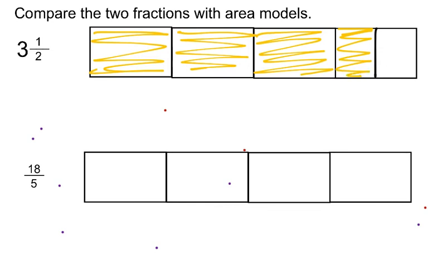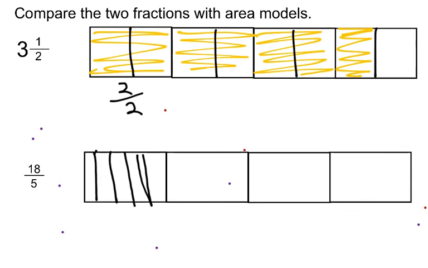Now 18/5 is a little different. 18/5 we're going to want to break up into fifths. So each whole we're going to represent as fifths. 2/2 is 1 whole, I can see in each of these cases. And now 18/5 I need to break down as neat as I can into fifths. 5/5 is 1 whole.